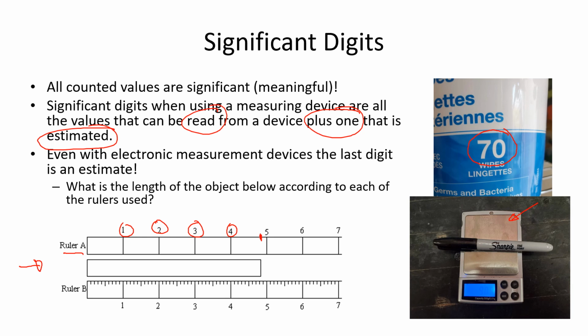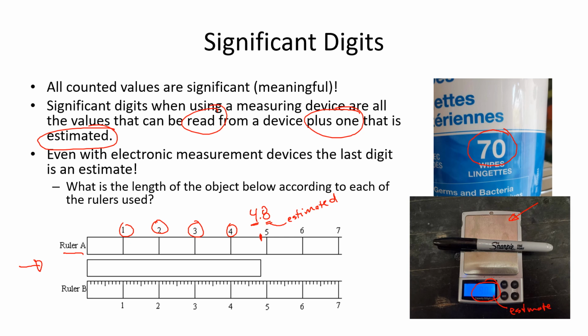We might estimate this as 4.8. So the 4 we read right off the device, and the 0.8 is the estimated one. So there's always going to be one estimated value, regardless of what type of measuring device you use. The last number, even the number on an electronic scale, that last one is an estimate.